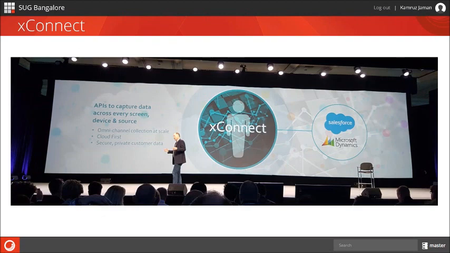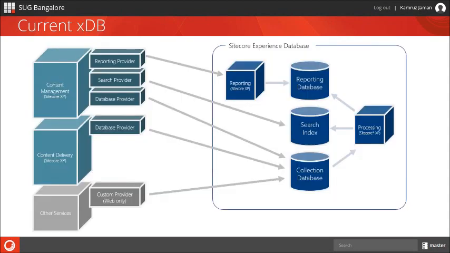XConnect, this is big news. XConnect is making a lot of headlines at the moment, rightly so. With the existing XDB architecture, everything's kind of tied together. All the different types of servers talk to the different reporting databases and the collection databases directly.